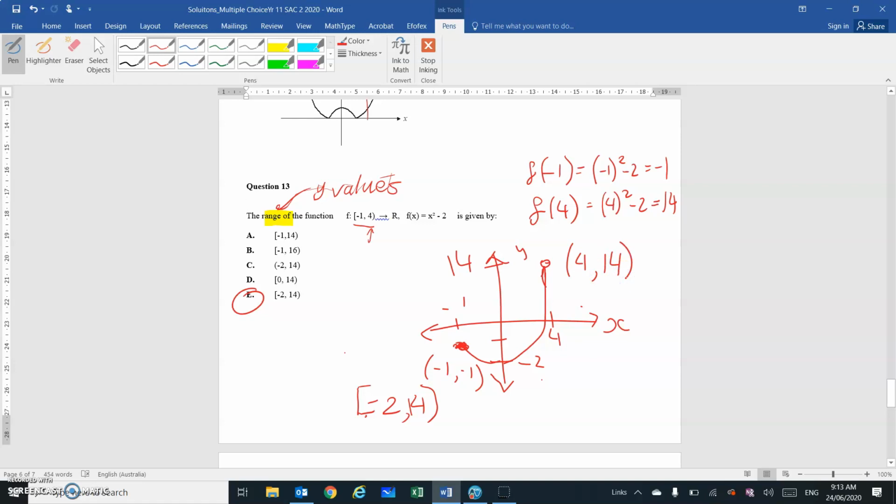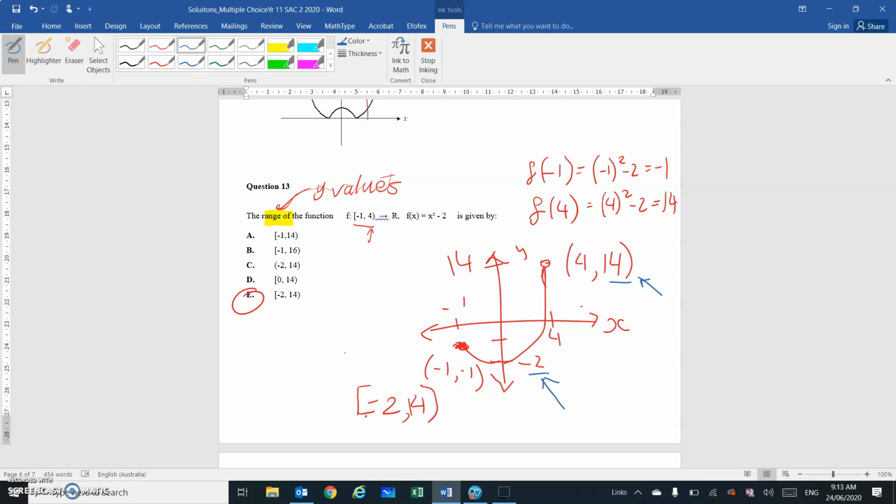But we're asked for the range, so the range is the y values. What is the lowest? The lowest y point is -2, and it's including -2. The highest y point is 14, but it's not including 14. That's why we've got that round bracket there. The reason it doesn't include 14 is because it doesn't include the x value of 4, because on the domain, that's an open circle.